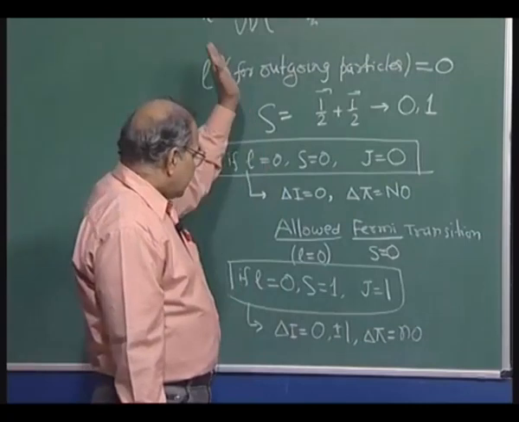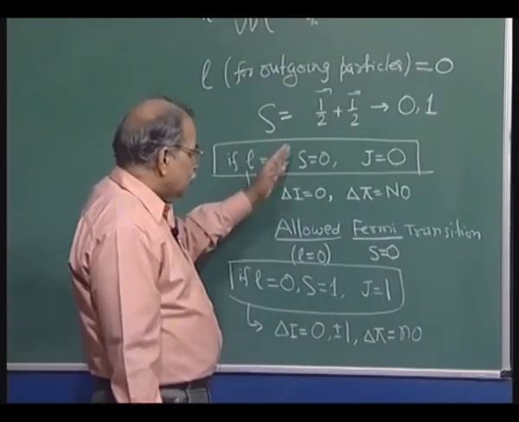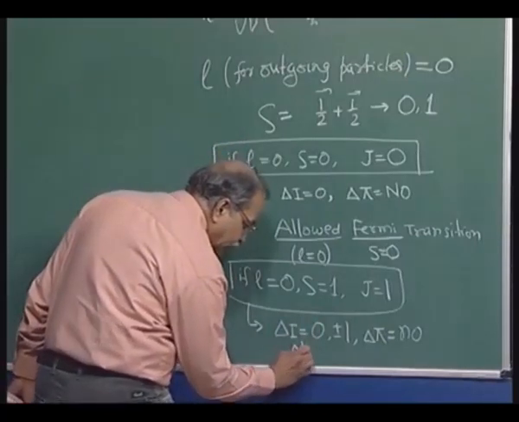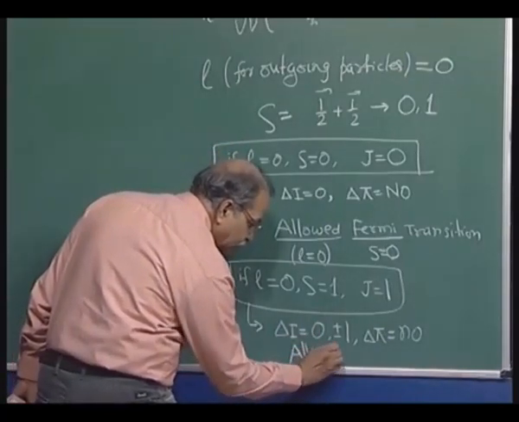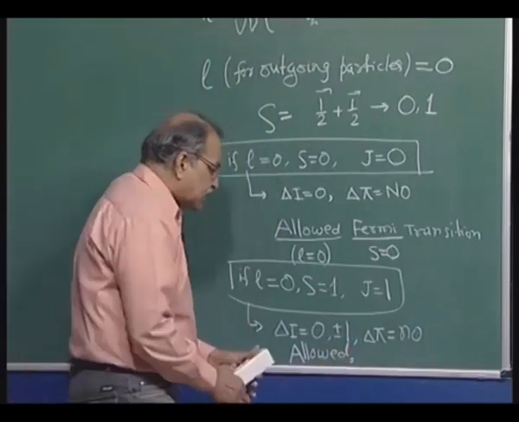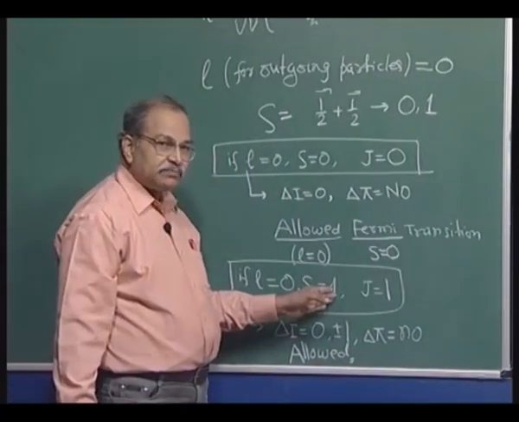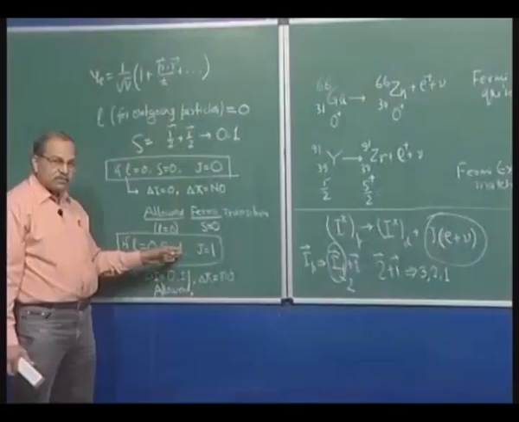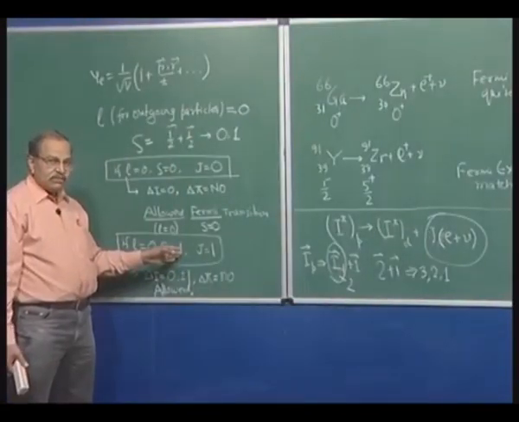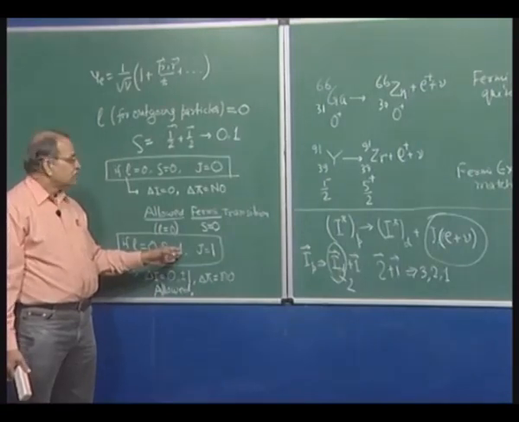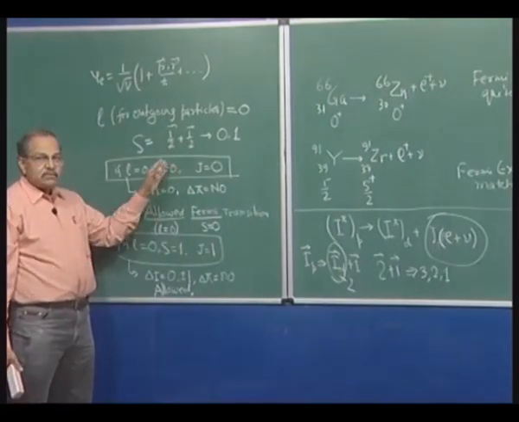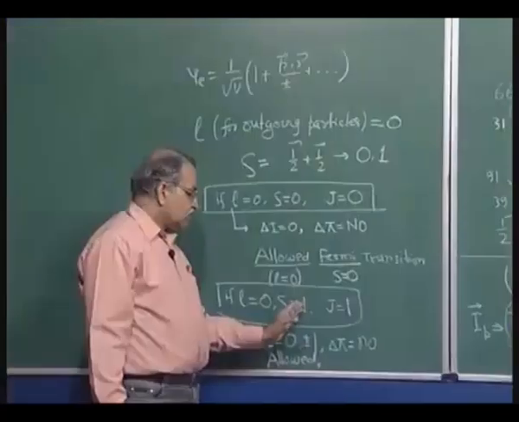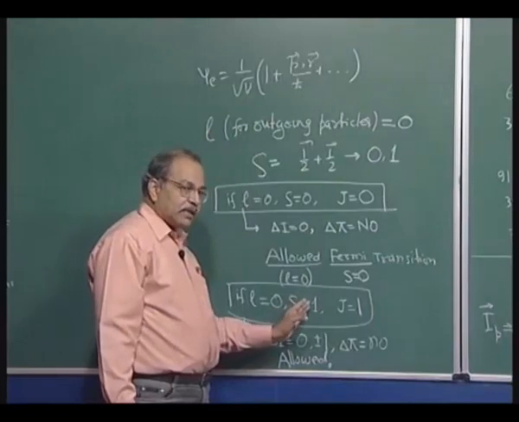So, these two cases are allowed transitions. This is allowed because L is equal to 0 but capital S is 1. The spins of these outgoing particles are now combining to S equal to 1, which we say parallel spins. Here S equal to 0 is sometimes called anti-parallel spin, and S equal to 1 is called parallel spins.